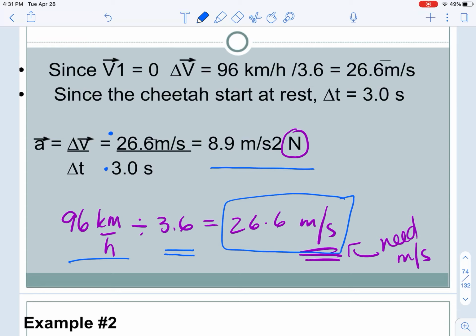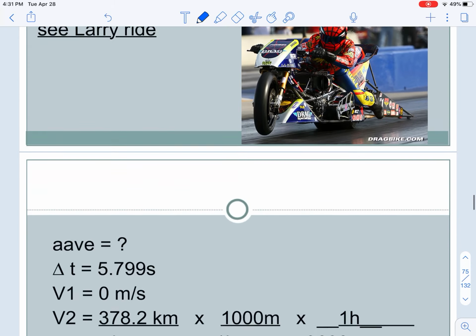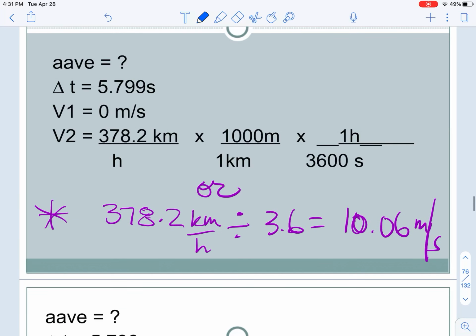So really the easy thing about this is just that there's this simple way to get your meters per second, and just make sure then when you're doing velocity over time, your velocity is in meters per second so that it works with the seconds, because your acceleration is meters per second squared. So you've always got to convert that kilometers per hour.